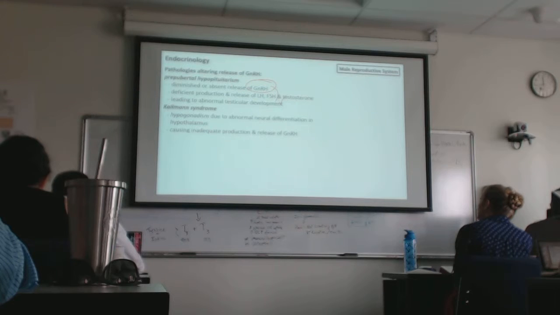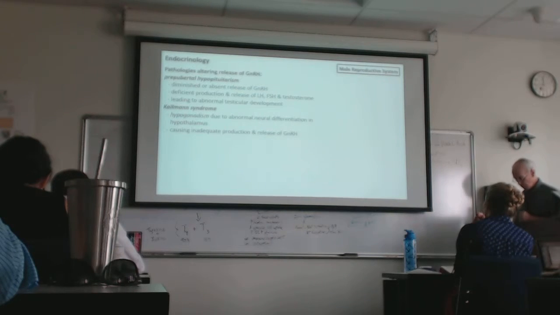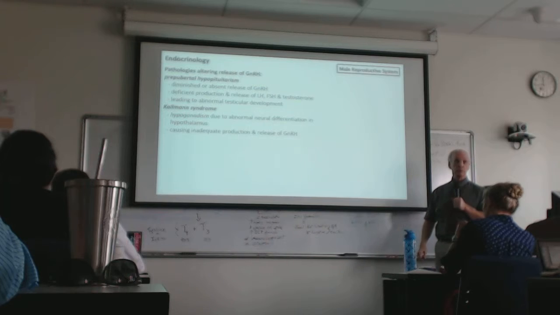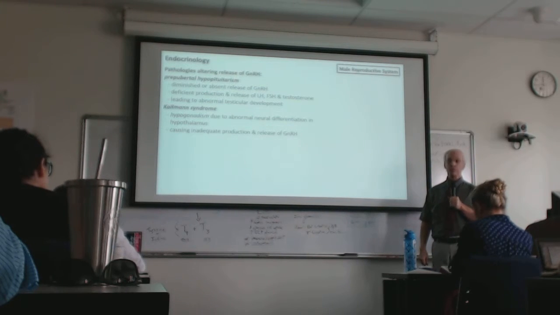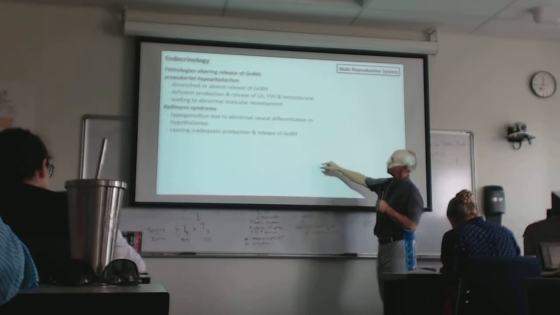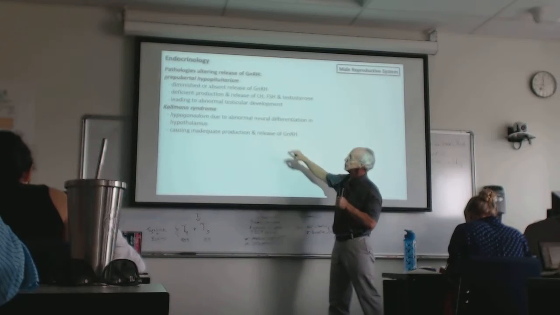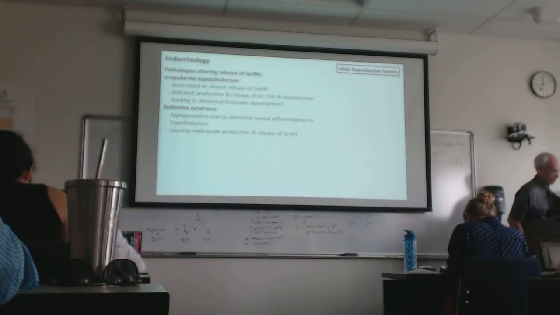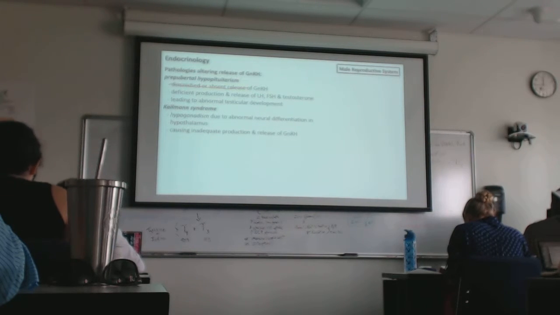But in hypopituitarism, it just means that there is a deficiency of anterior pituitary hormones such as LH and FSH, but that in turn may result from a deficiency of GnRH. Kallmann syndrome specifically is the hypogonadism that results from GnRH. Probably the best way to say this is altered levels of GnRH through impaired feedback.